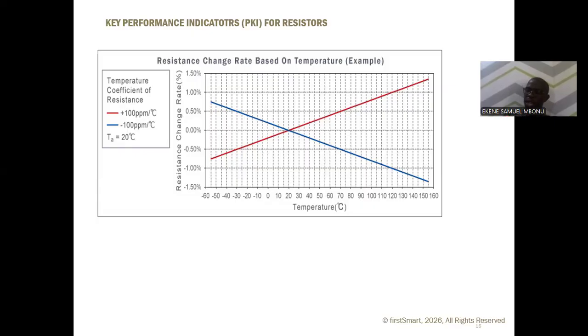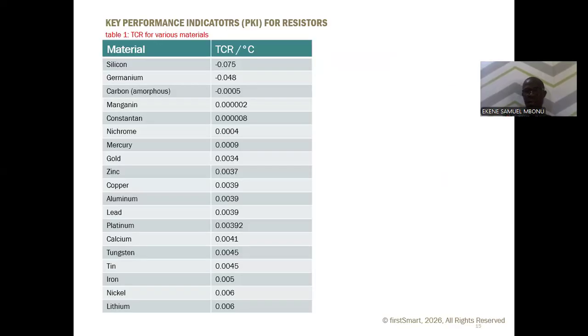Once you hear that a material has TCR that is negative, just know that once the temperature begins to increase, the resistance of that material begins to decrease. Is that clear to you? Yes, sir. It's clear to me.